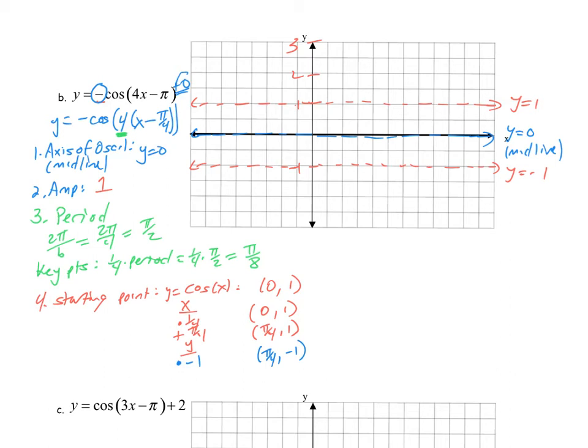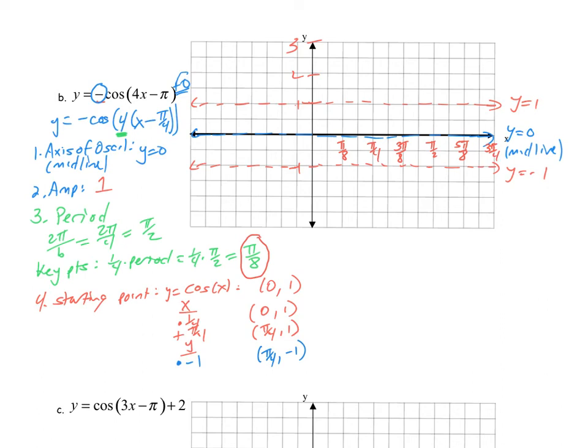Now we're going to start putting on the scale on our x-axis. On the x-axis, we want to count by quarter periods, which will be pi over 8. So I'm going to let 2 lines be pi over 8. So I have pi over 8, 2 pi over 8, which is pi over 4, 3 pi over 8, 4 pi over 8, which is pi over 2, 5 pi over 8, and then 6 pi over 8, which is 3 pi over 4.